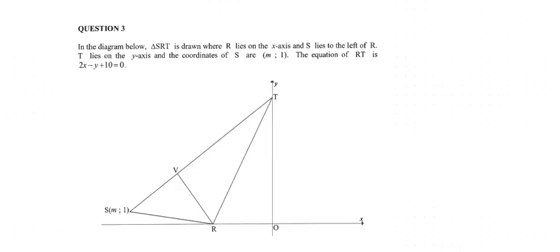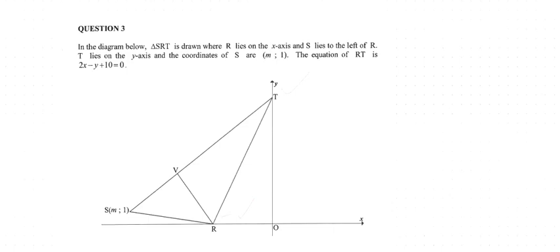This is the point S, this is the point R, and this is the point T. R lies on the x-axis, as you can see over here, and S lies to the left of R. T lies on the y-axis.